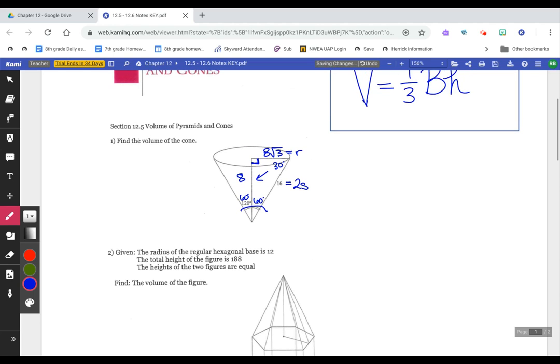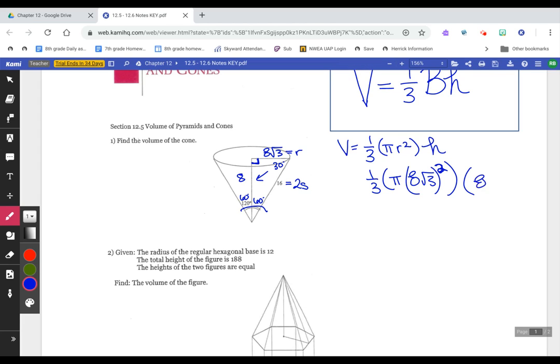All right, so the volume formula, since this is a cone, is 1/3 the area of the base. Well, our base is a circle, so that's going to be pi r squared times the height of the cone. So we have 1/3 times pi, and we have 8√3 squared, not cubed, squared, times the height, which we figured out was 8.